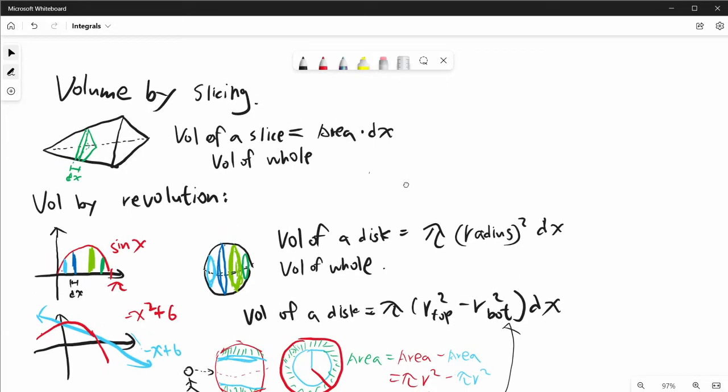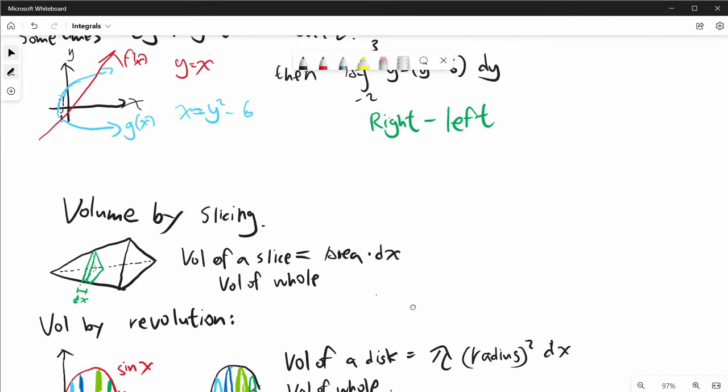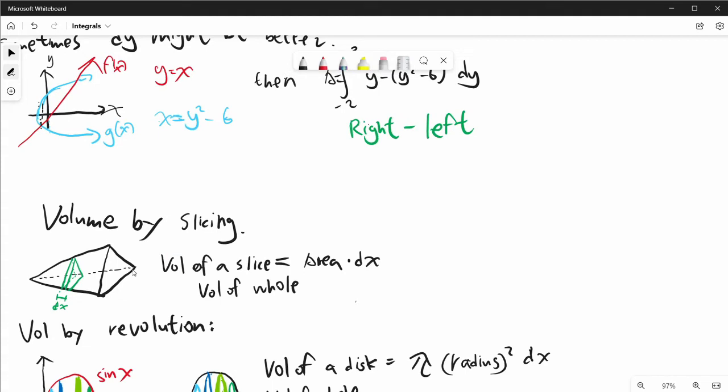Then let's move on to volume by slicing. Usually in these questions, you have a general shape that you are given the function for, and the shape is moved along an axis, like the x-axis, and you're calculating the volume that this shape, increasing or decreasing in size, will generate.